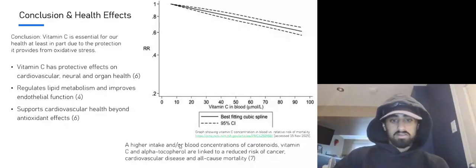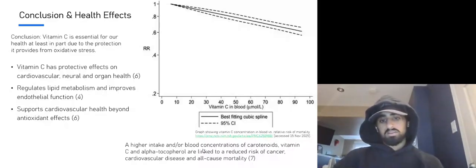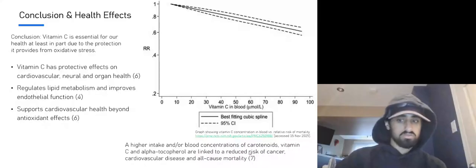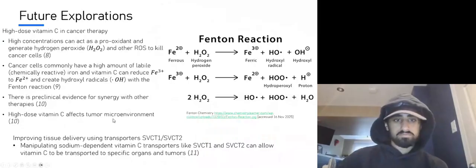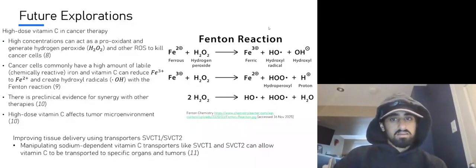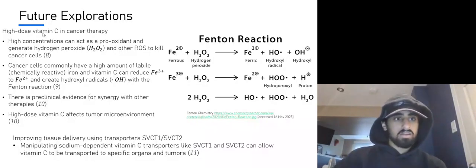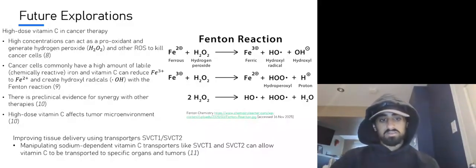So a higher intake or higher blood concentrations of carotenoids, vitamin C, and alpha tocopherol are linked to reduced risk of cancer, cardiovascular disease, and all-cause mortality. For future explorations, we have high-dose vitamin C in cancer therapy, and we also have improving tissue delivery using transporters.